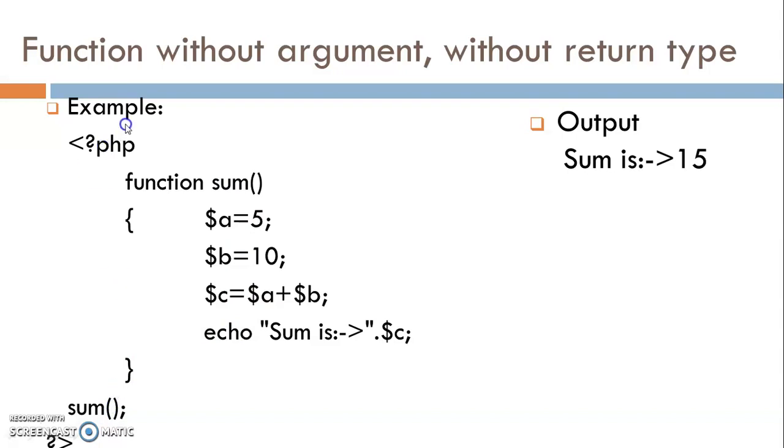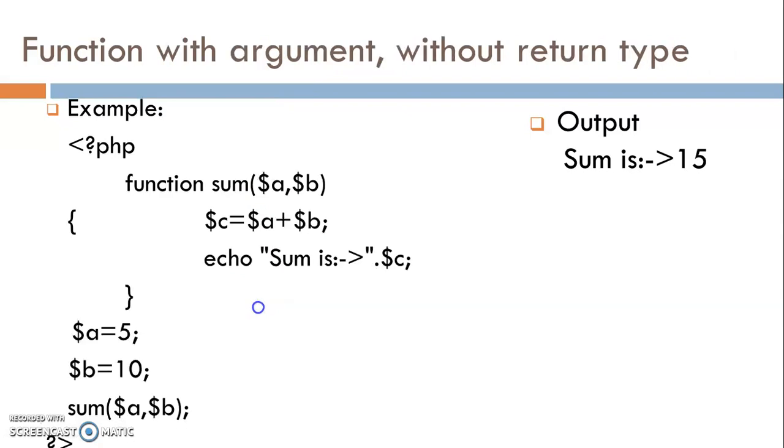Whenever this code is executed, first the statement sum() comes, so it goes to the function sum, takes these two variable values, performs the sum and prints it, and after that returns to the next statement after the calling function. Here I just declare variables inside the function and print them. So this is a function without argument and without return type.